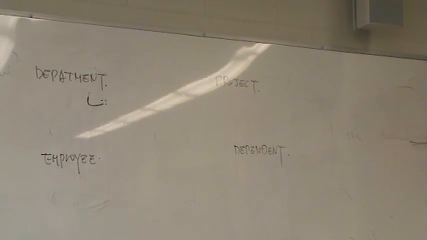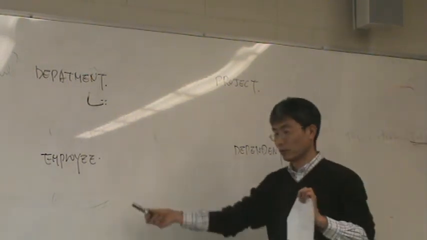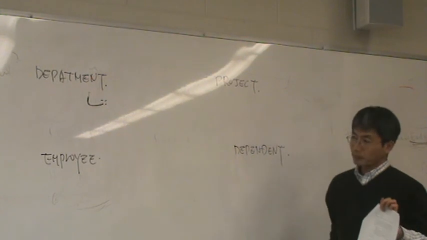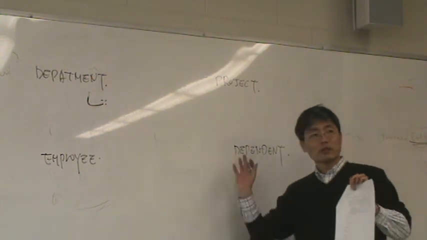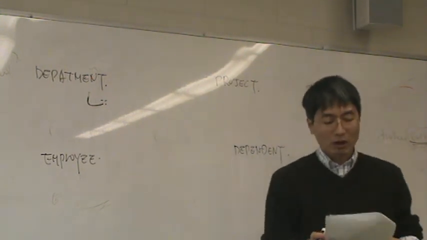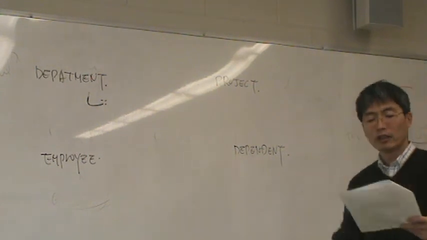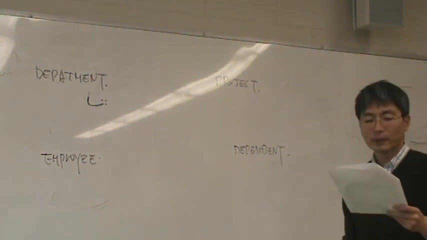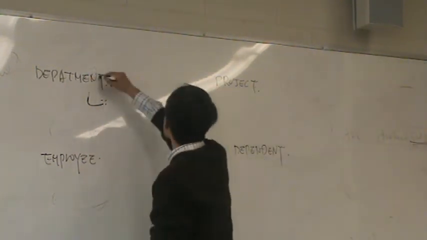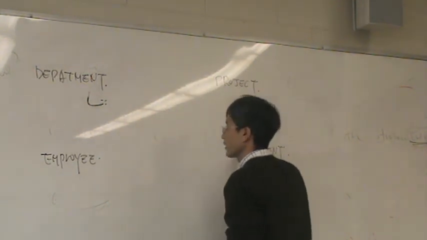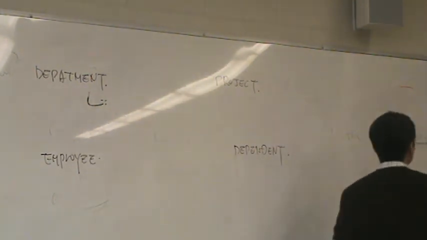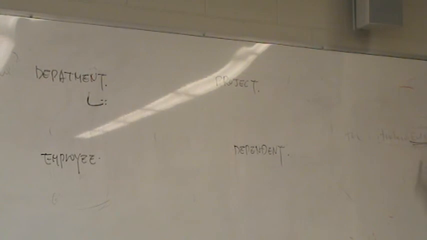But since we are learning how to do the ER modeling, we'll consider a very general step. So this is the entity type. But it's a little bit complicated. What is the entity? What is the entity type?